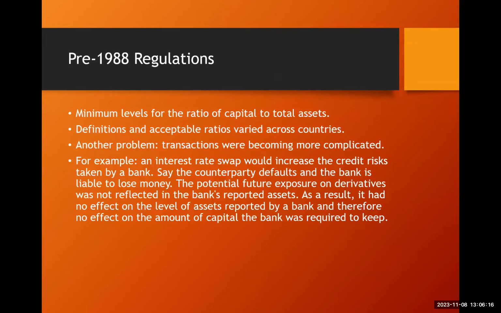What I want you to know about background information is that before 1988, there were regulations in place for how much reserves a bank needs to hold. However, they set those levels based off of the total assets.